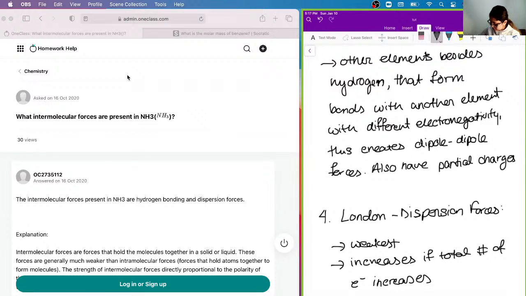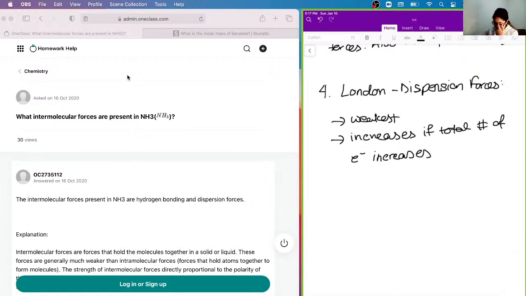All compounds have London dispersion forces. Since it's the weakest, if you have a lot of these forces, it would become really strong.